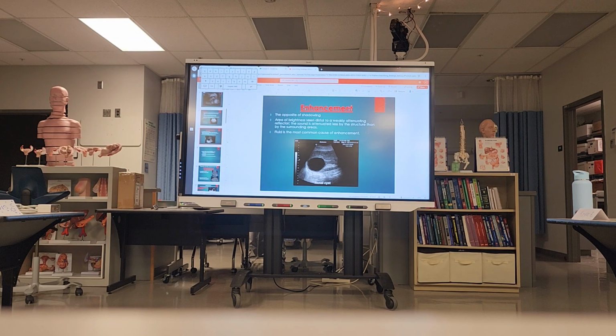There's a little notch on here to decrease the frequency, and it probably goes down to 2. There's also a setting that you can choose called penetration, and that might bring it down to like 1.5. It's different for every machine.